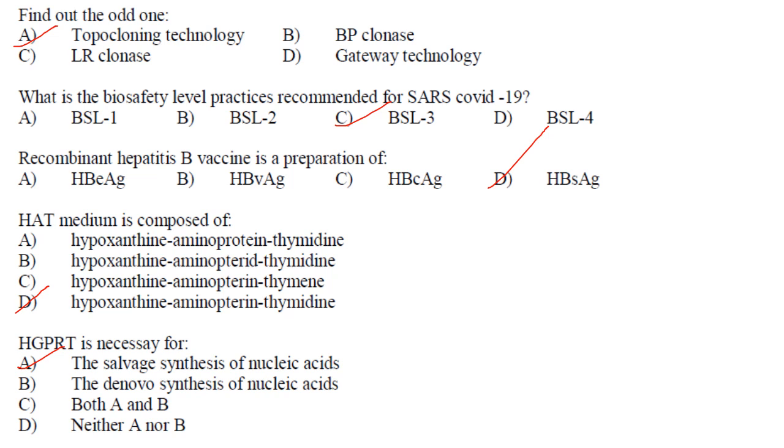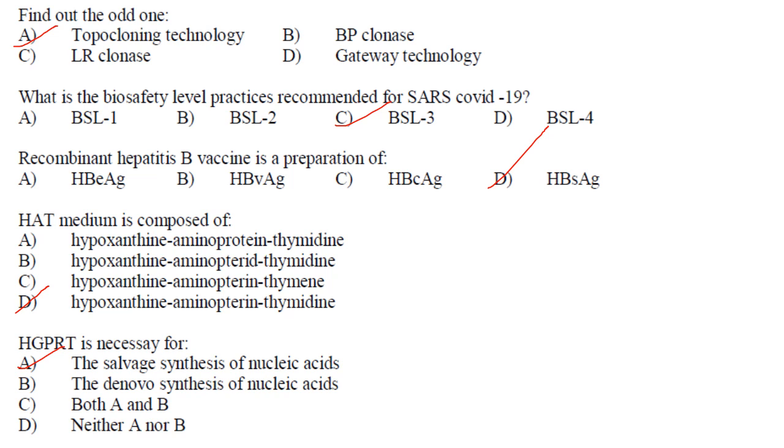It enables researchers to transfer DNA fragments between plasmids, or I can say between various cloning vectors, because it has gateway att sites as well as two enzyme mixes, that is LR clonase and BP clonase. So the odd one out is Topo cloning technology, whereas BP clonase, LR clonase and gateway technology all come under the same heading, gateway cloning.